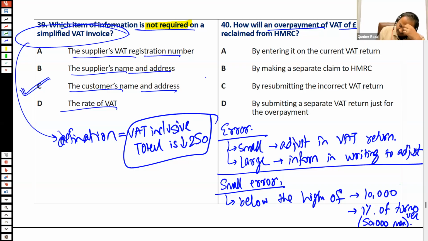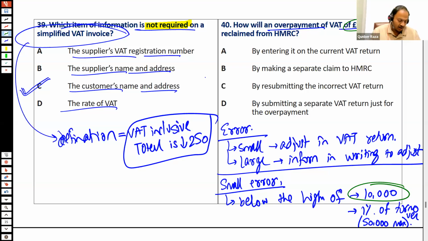So can I say by default, any error below 10,000 would always be a small error? Any error below 10,000 would always be a small error, right? So this 5400, technically speaking, I hope we all understand is a small error.